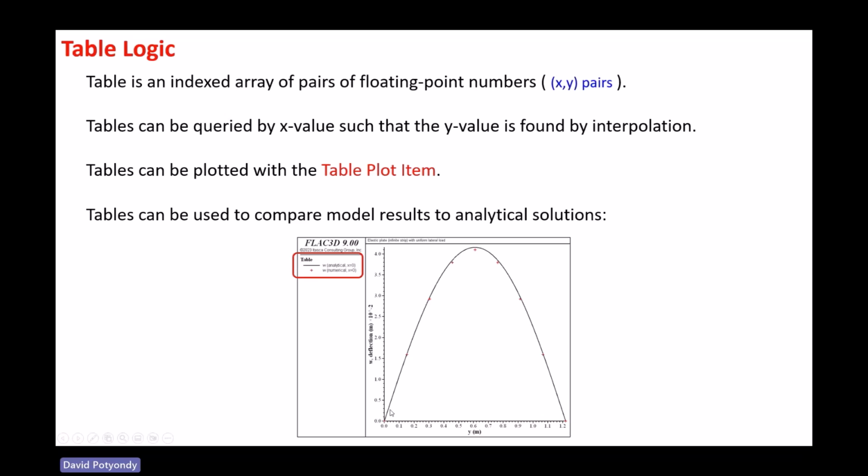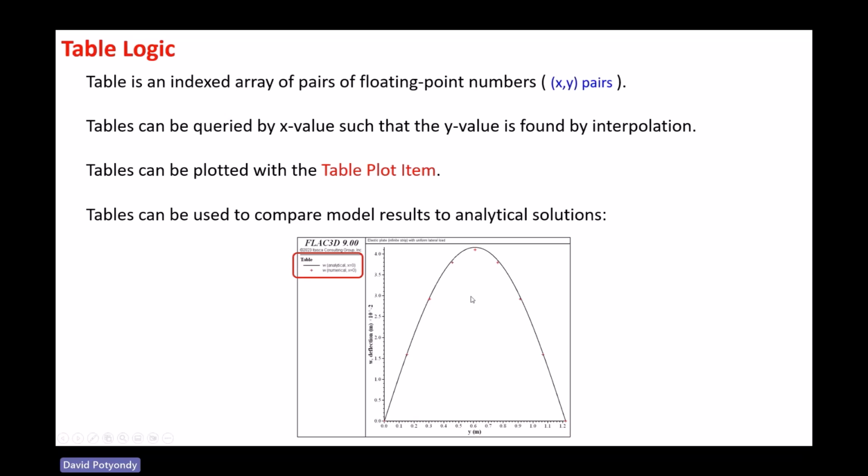And so we build up a table of the analytical solution with a whole bunch of data points, which we're going to draw as a line in black. And then we're going to sample the results from the model at a selected number of points. And we're going to add those as another table. And then we're going to draw those as dots, as crosses. And then we're going to plot these two tables on top of each other, right? And so you get the idea.